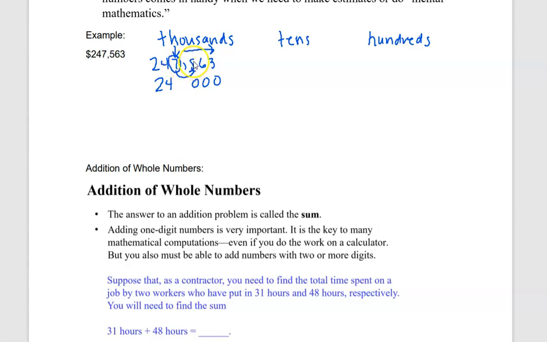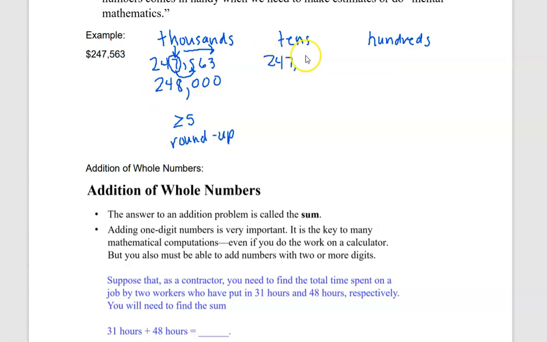That is 7. If this number that's next door is greater than or equal to 5, we're going to need to round up. And guess what? 5 is equal to 5, so that means the 7 is going to turn into an 8. This would be rounded to the thousands place.